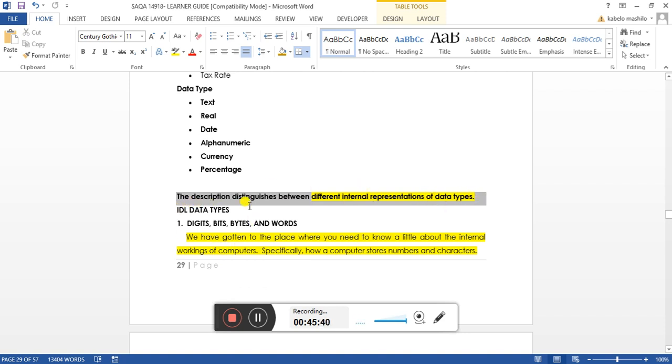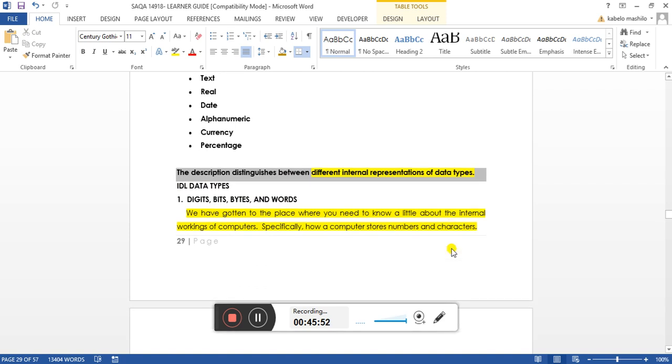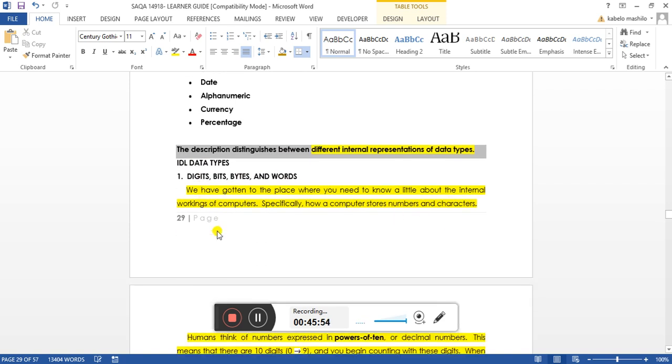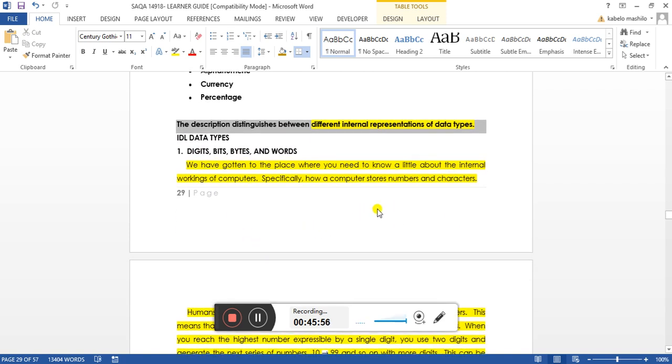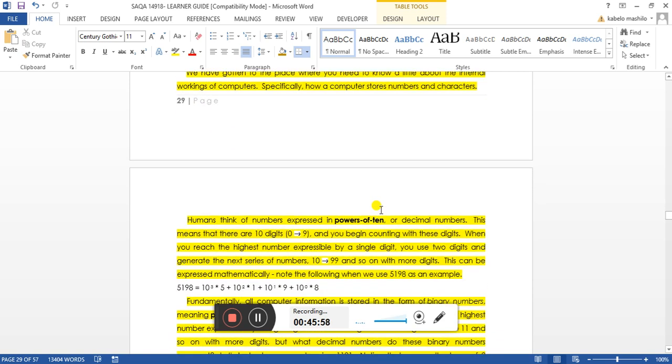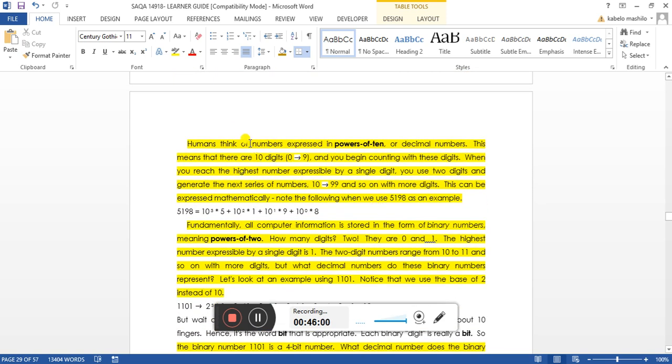IDL data types: we've got digits, bits, bytes, and words. We have gotten to the place where you would need to know a little about the internal workings of a computer, specifically how a computer stores numbers and characters. Humans think of numbers expressed in powers of 10, or decimal numbers.